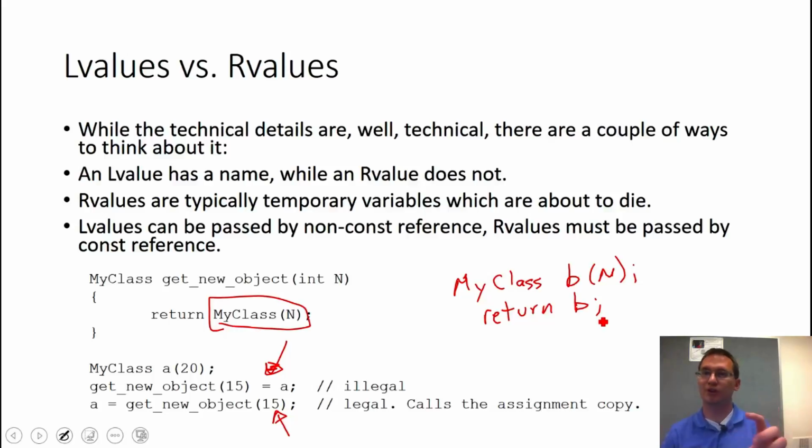Exactly. In the scope of the function, it's an L value, but once we leave the function, B is going out of scope. It only lives long enough so it can be copied out of the function. And so it's about to die. So we're going to call it an R value, even though inside the function it's actually an L value. So it all depends on the scope you're talking about.